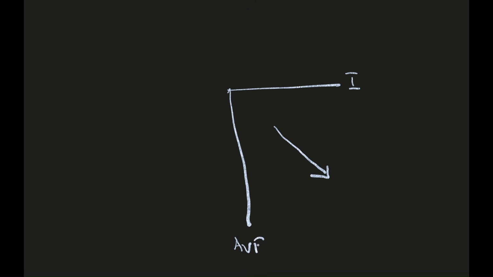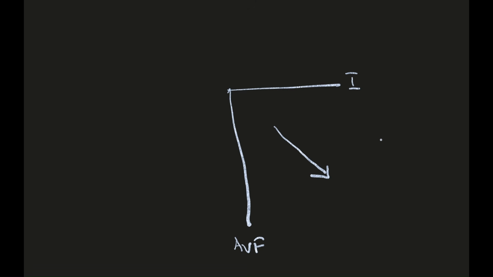Let me draw this axis again. This is your normal axis of the heart. This is your lead 1. This is AVF. The flow of current, all the positive deflections in lead 1 and AVF with the normal axis, they will be in positive direction.